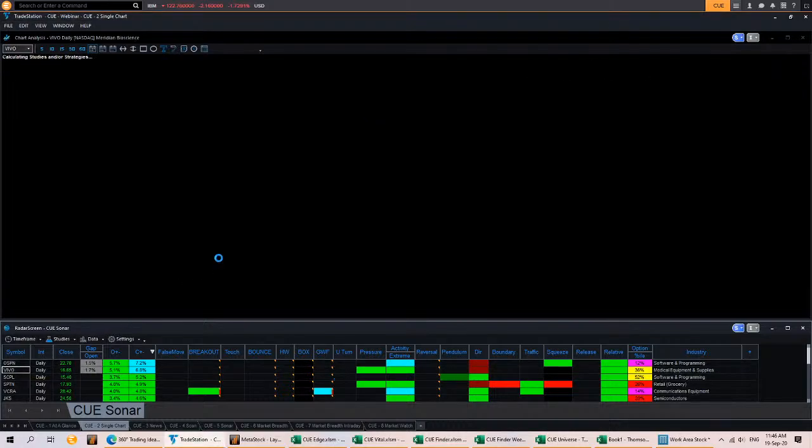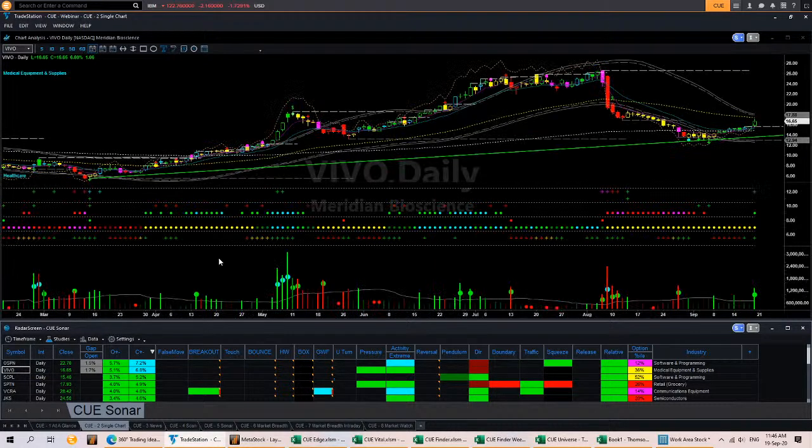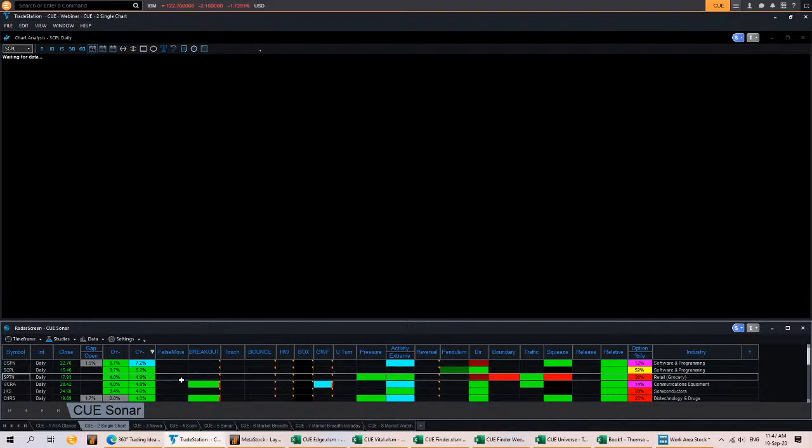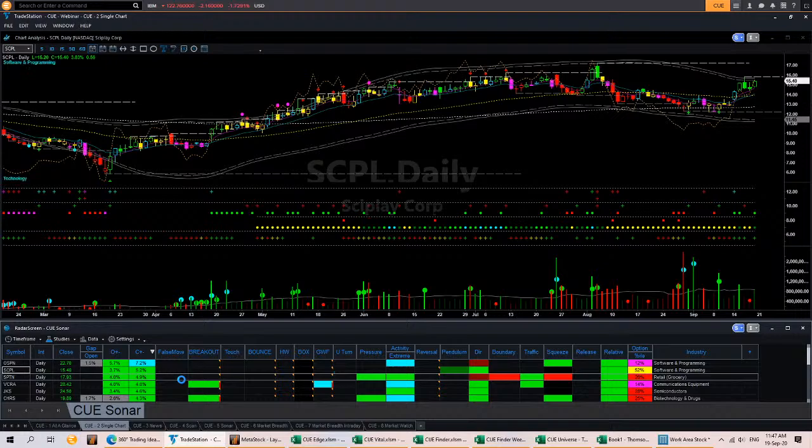We could easily identify fundamentally strong stocks with possible trade setups. This one I wouldn't try to buy on Thursday or Friday because it was a little bit far from the nearest support. So I would find that out on Friday and I would delete Vivo from my list. I am not interested. Next one, SCPL.